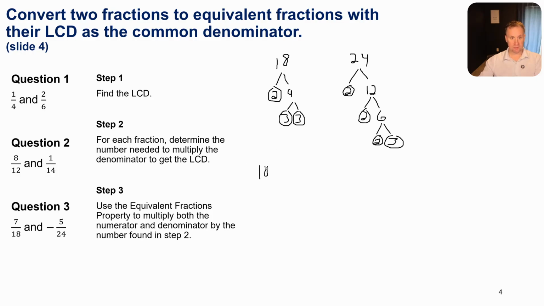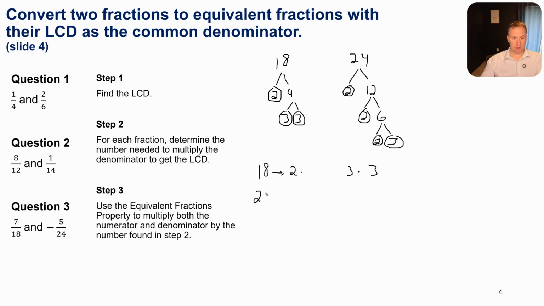So 18, I have 2 times 3 times 3. Actually, let me give myself a bit more room here because I noticed for 24 there's some more 2's, right? So let's go ahead and give some blank column space. And then for 18, we'll write 3 times 3 here. Okay.